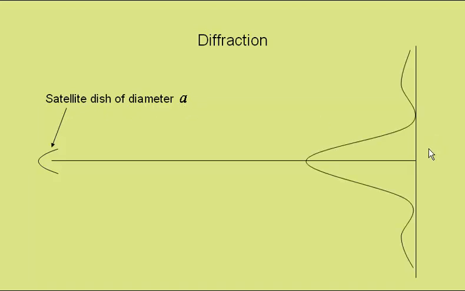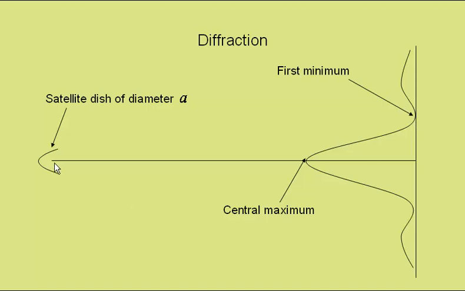One thing we can't avoid is spreading of the beam due to diffraction. If the beam is transmitted from a satellite dish of diameter A, it will produce a diffraction pattern like this, the same as the diffraction pattern of light sent through a single slit. We have the central maximum and the first minima here and here.